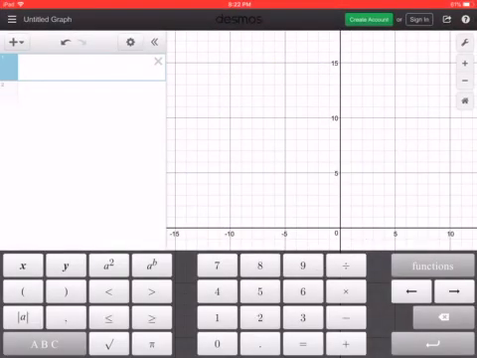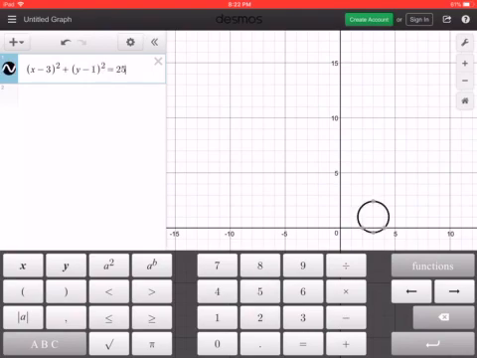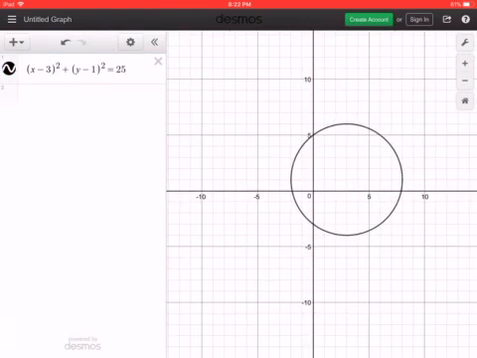That's an old one that I had. So (x − 3)² + (y − 1)² = 25. You want that nice visual confirmation that the center is indeed at (3, 1) and the radius is 5. So it's just nice to have that.